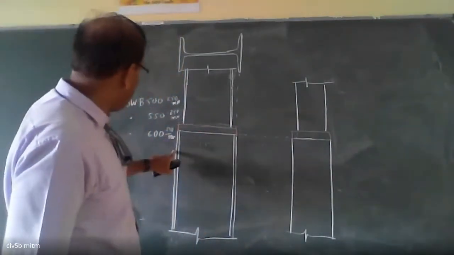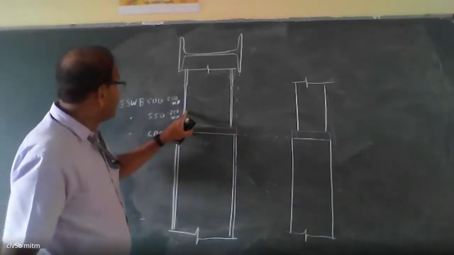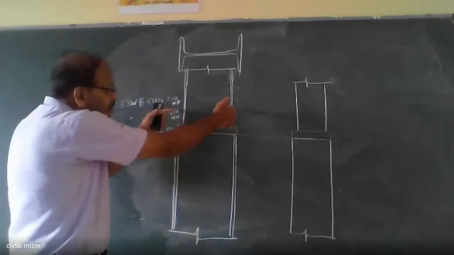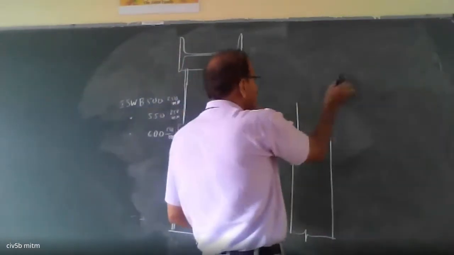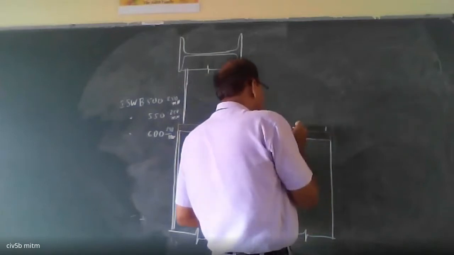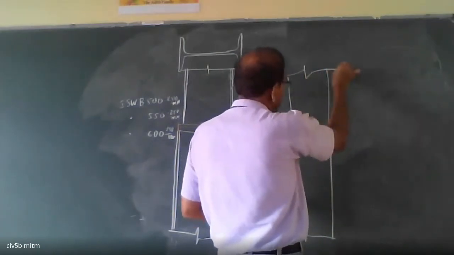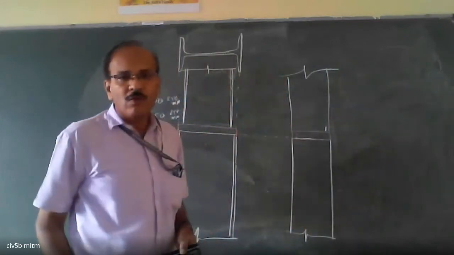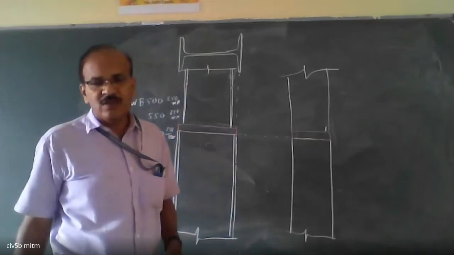For example, if I am using ISWB 600 here, ISWB 500 here, depth reduces here. When you look from this side, it will have the same flange width. You will see like this. Okay. Width-wise, they are at the exact size.